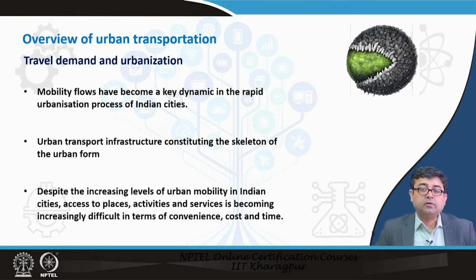You emit a lot of noxious gases into the atmosphere, which causes severe air quality issues in many of the cities. And also, we have now noticed that there is a correlation between the number of kilometers that you travel and the probability of an accident that you might get into.